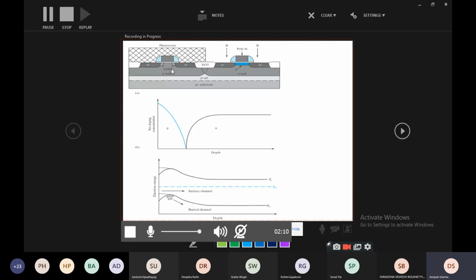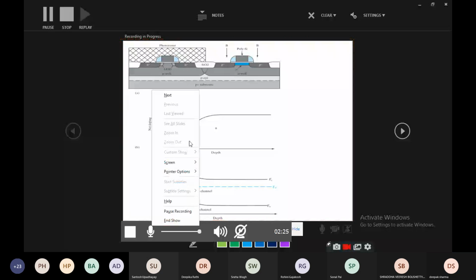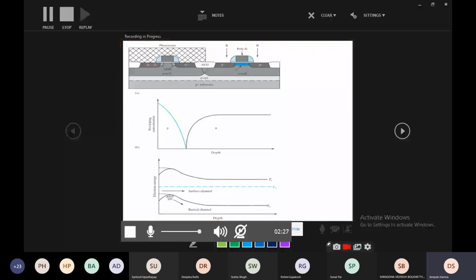This is N MOSFET, sorry, in P well, we have N MOSFET. This is N plus, and here also we have N plus. So this is N MOSFET, and here we are having LDD, right?